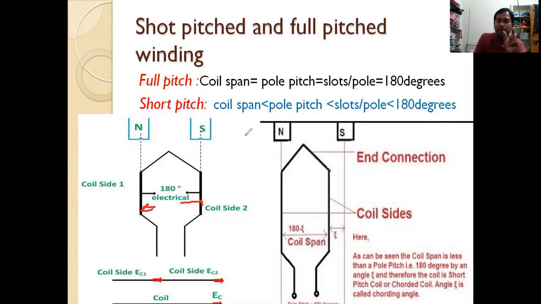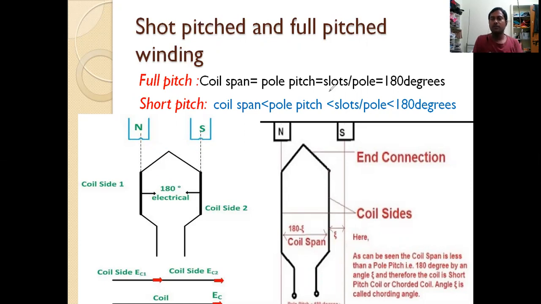Span is nothing but a gap, the place between the two coil sides. I already discussed that the distance between the middle of north and south is called pole pitch. If this coil span is equal to the pole pitch, then that is called full pitch.